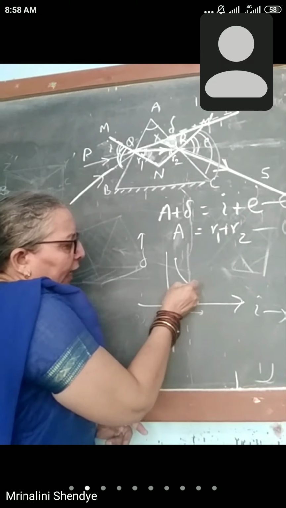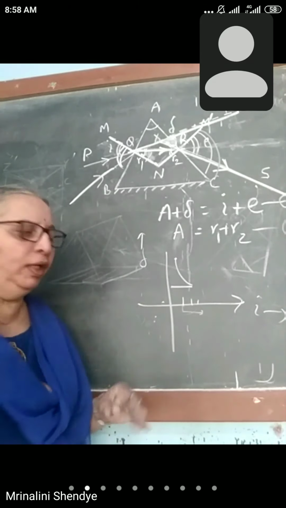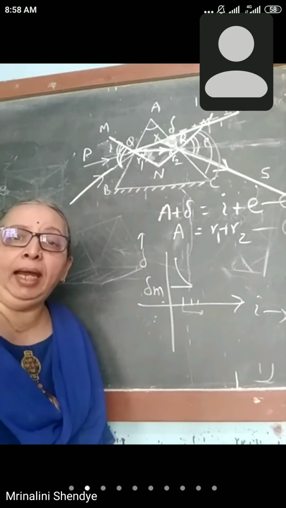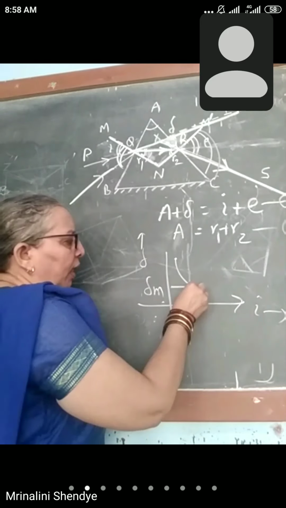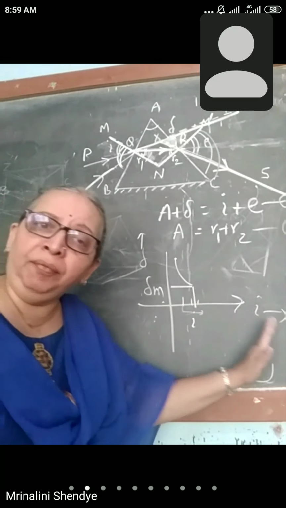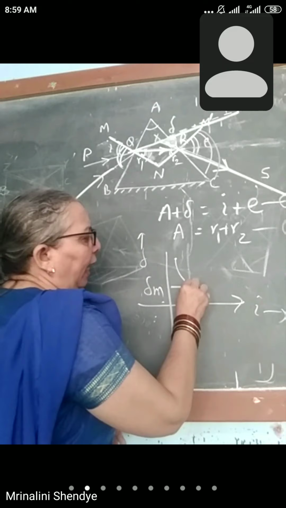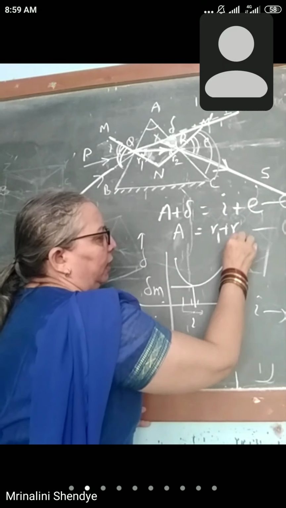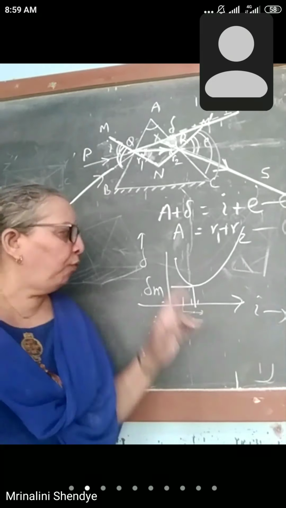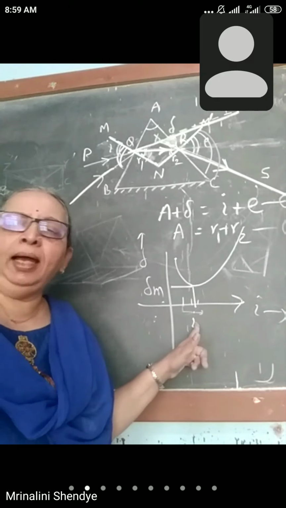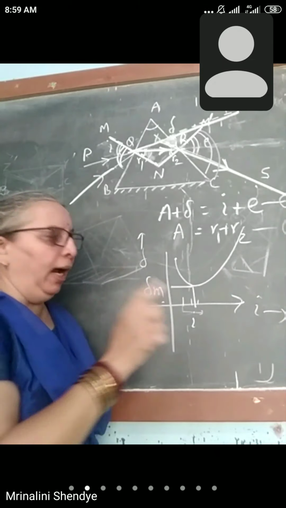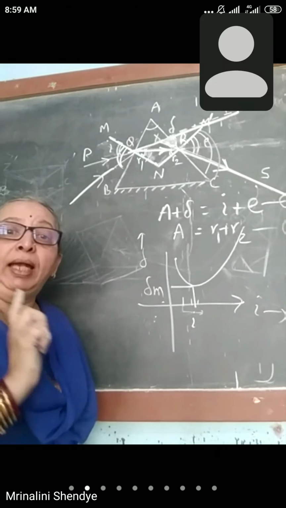It attains some minimum value, which is called the angle of minimum deviation, delta M. And if I is increased further beyond that, delta starts increasing continuously. So the nature of the graph of delta versus I is clear. For one particular value of I, delta has the value delta M.